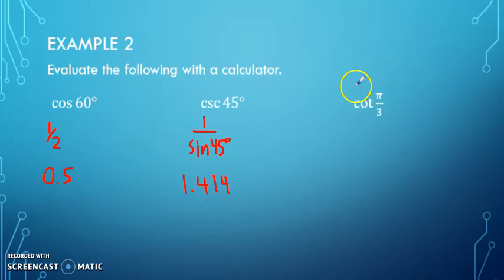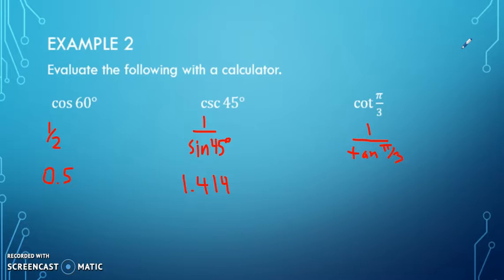And also, since this is cotangent, not tangent, I need to remember to do 1 divided by tangent of pi over 3. So type that into your calculator, 1 divided by tangent, and you're literally going to be using the pi key. Hopefully yours has one on there.